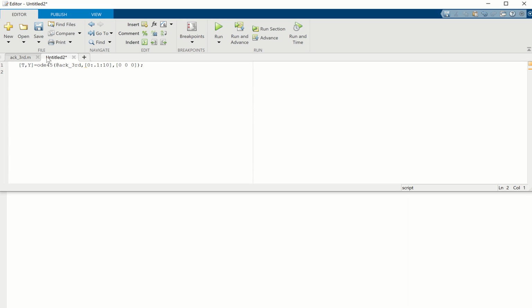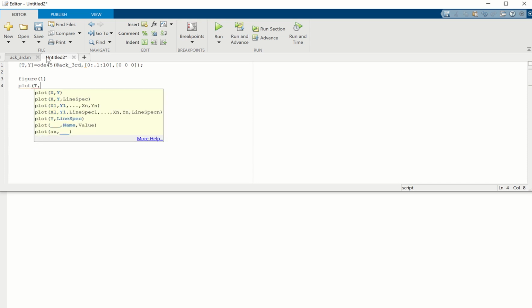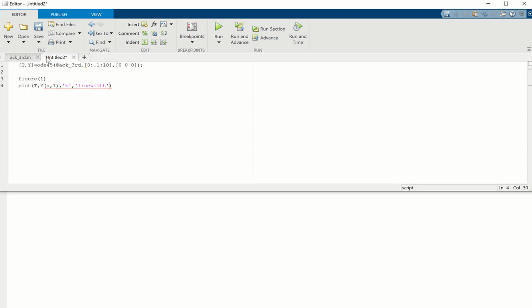Understand? And now if I say figure 1 plot, I taught you this, plot time, total time, and x1, which is y, blue line, and the line width is 2, and grid for me.